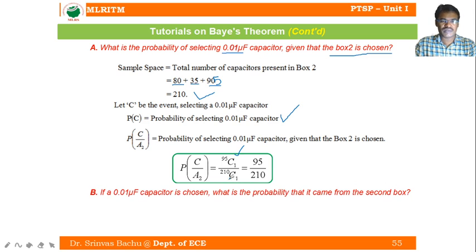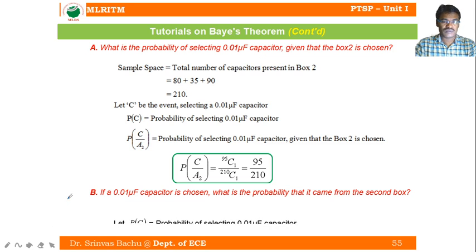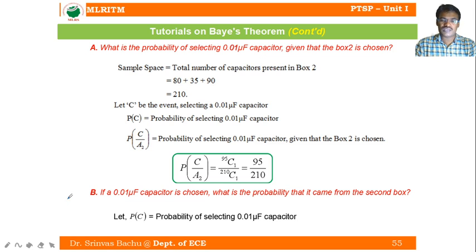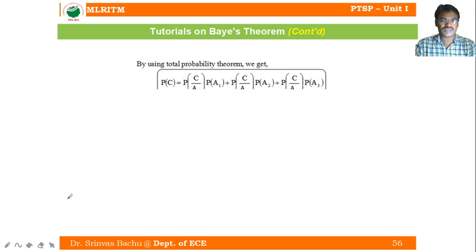The second question is here. If a 0.01 microfarad capacitor is chosen, what is the probability that it came from the second box? Let C be selecting a 0.01 capacitance.